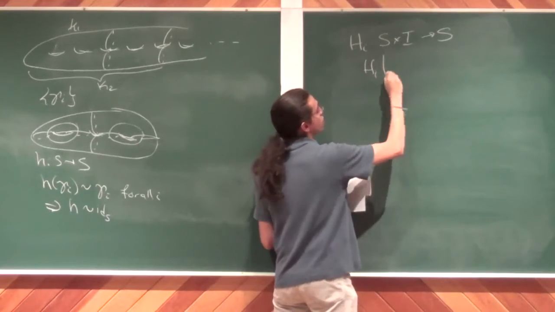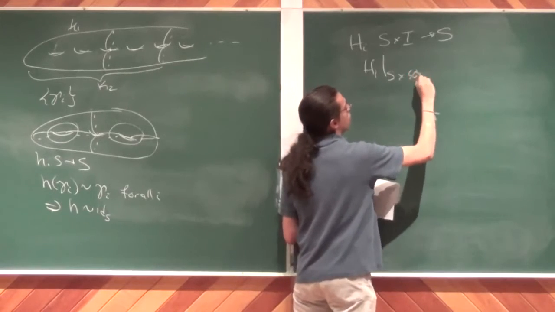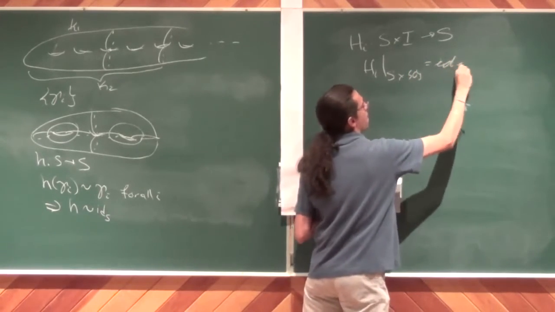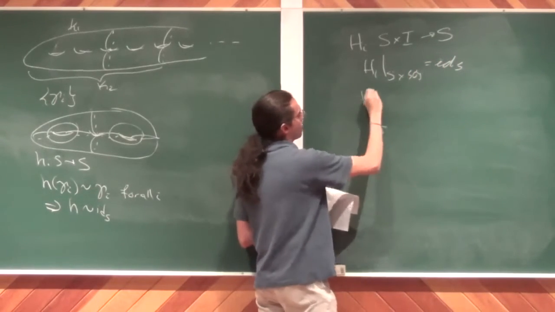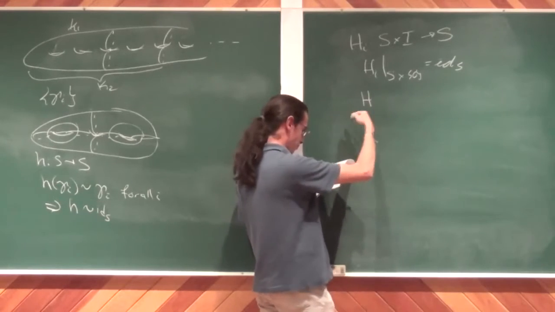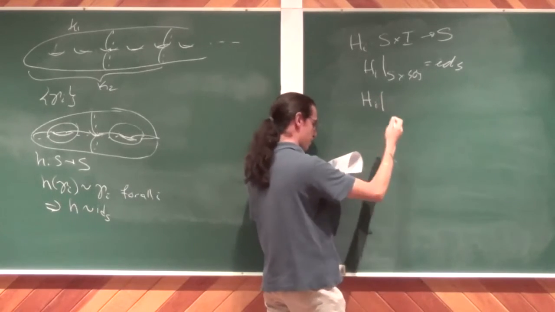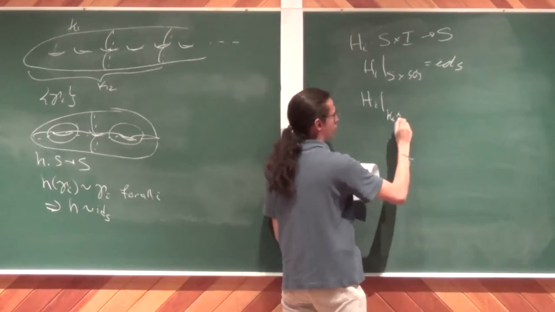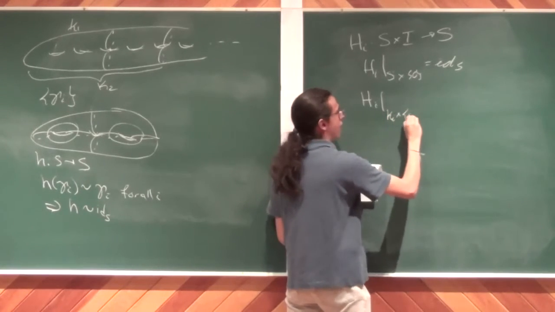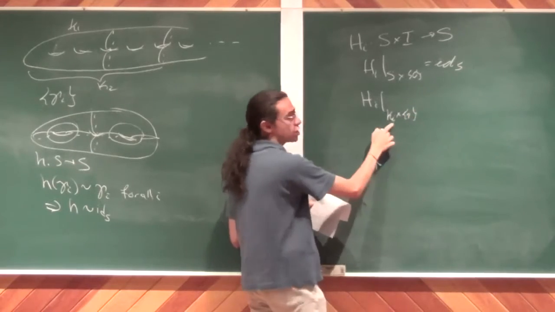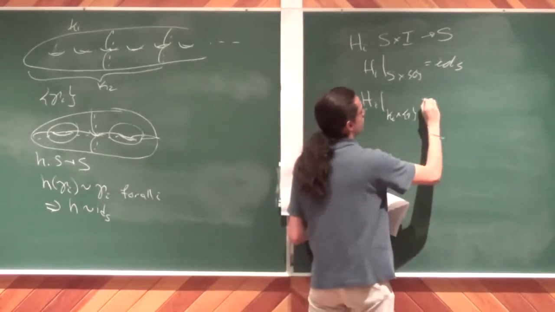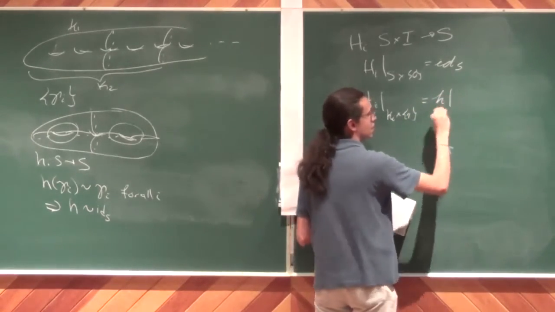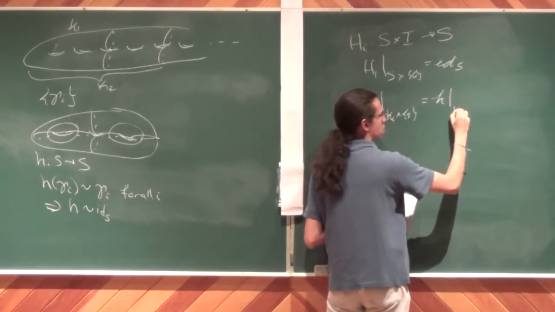We started with the identity. In the end, on the corresponding subsurface, it was the same as the restriction of H to that subsurface.